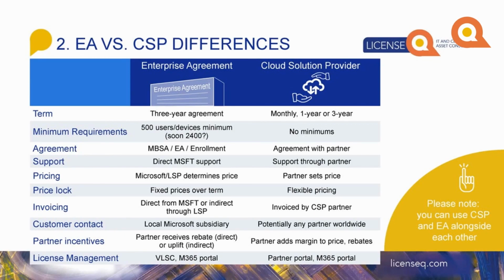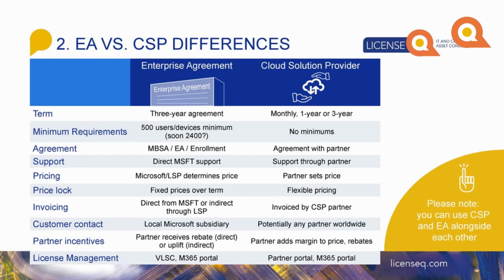Yeah, and then partner incentives, also very interesting always to see what kind of fees go through the back end. We always try to provide clarity on that topic in our engagements. Within the enterprise agreement, there is a back end rebate that you don't have any visibility on as a client. And within CSP, it's very clear.